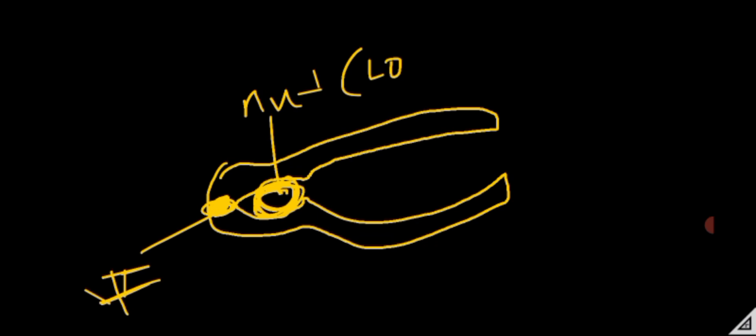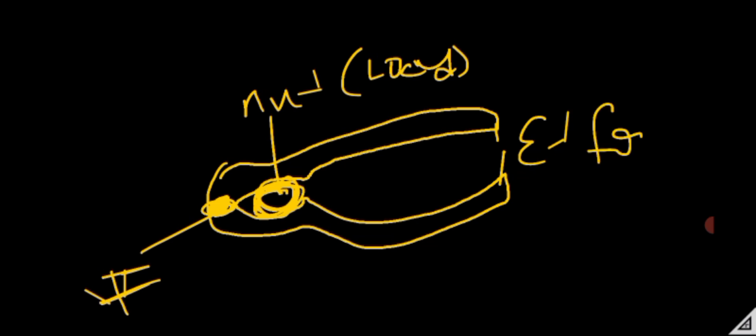Then this point here will be the fulcrum, the fixed point, F. Then note that this nut is also known as the load. This is what you want to use the machine to do. Then this side is the effort.